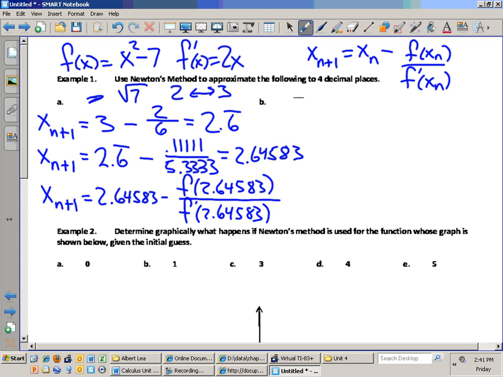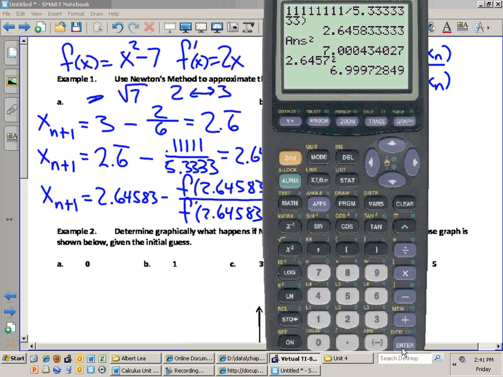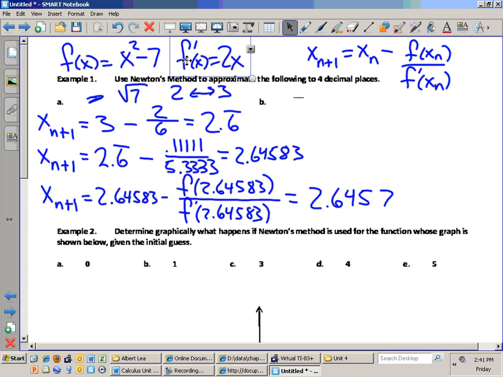And if you do that, it doesn't change much. You come up with 2.6457. And if you take 2.6457 and you square that, you can see 6.9997. You can see you end up coming up with values that are very, very close to 7. So this thing is working its way out. You can see a good approximation for the square root of 7.